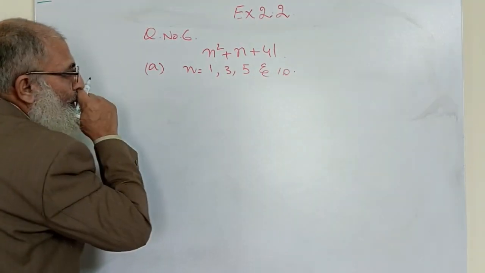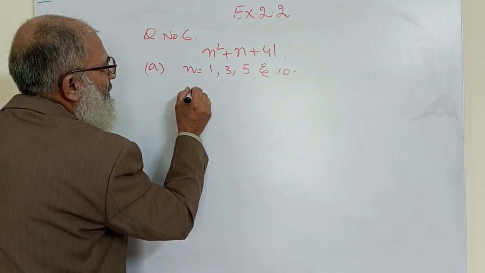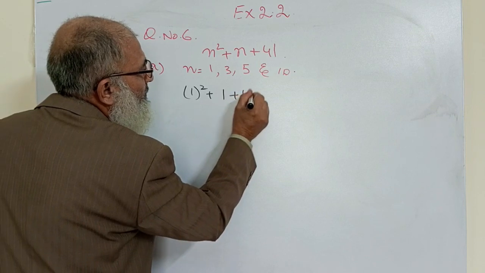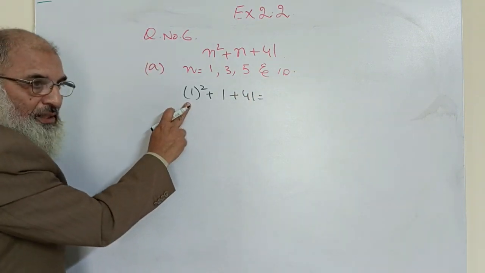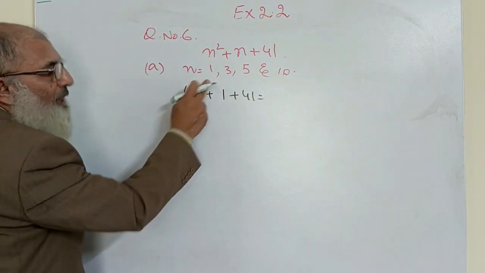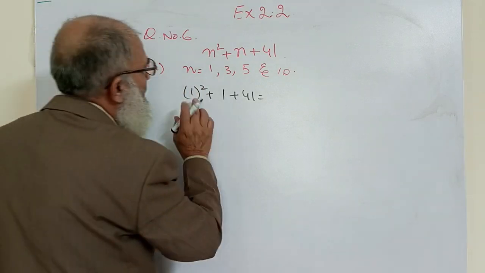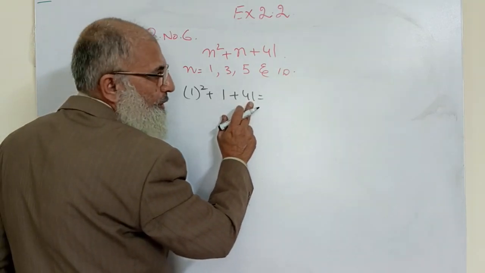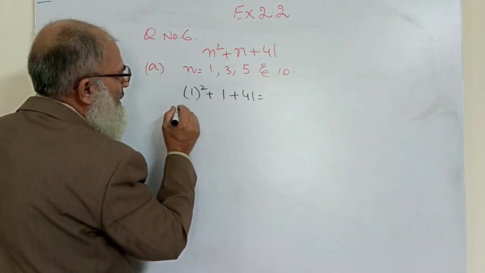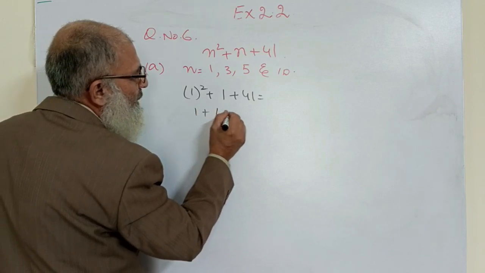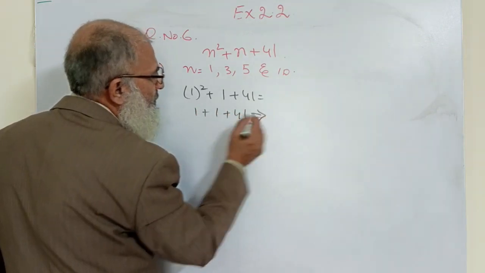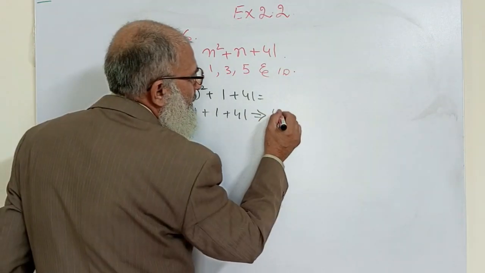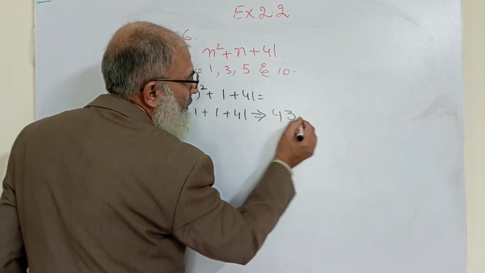So for n is equal to 1, let us manipulate 1 square plus 1 plus 41. Now anything raised to power 1 remains 1. So 1 plus 1 plus 41 will become 43.